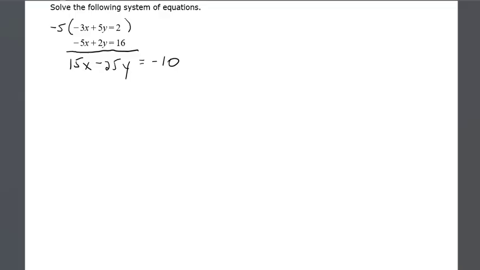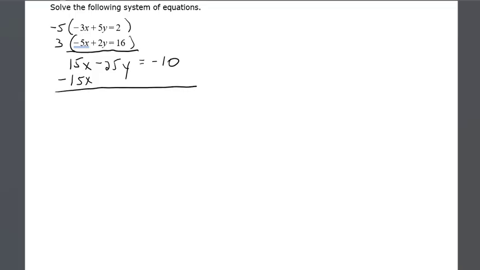Okay, so now I need to multiply the second equation in order to make the coefficient in front of x negative 15. So I'm going to multiply by positive 3, because positive 3 times negative 5 gives me negative 15. Now you notice that your x's are opposite.